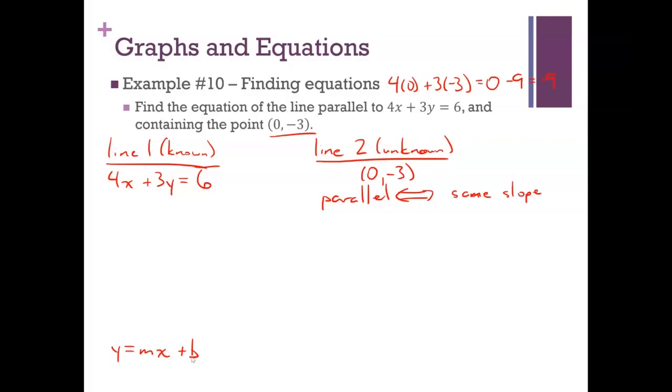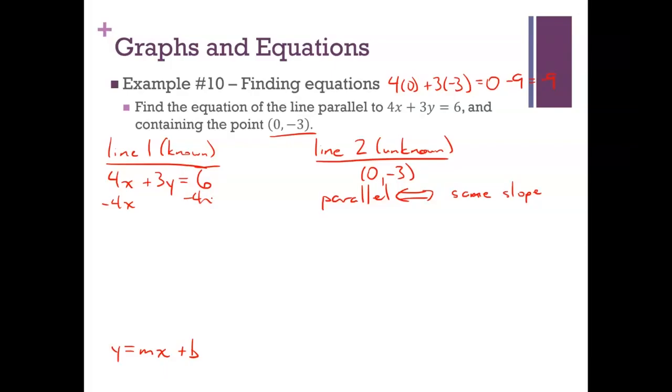If we get y isolated, we should be able to get the slope. So how do we start isolating y? If we divide both sides by 3, then that 4x is still going to be there. So I think we are going to have to divide by 3, but I think we should do something else first.